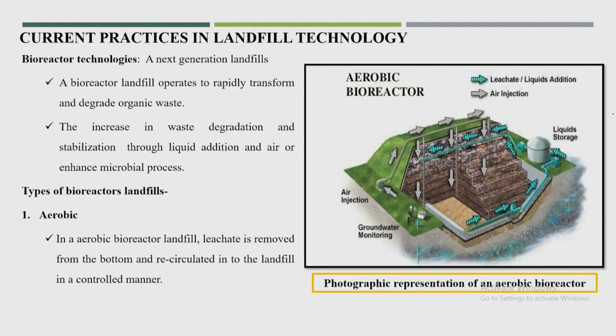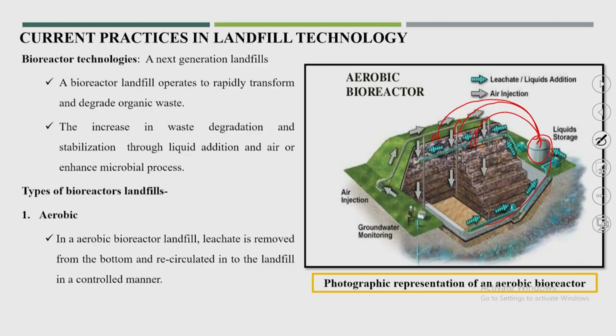Now, in this case, whatever leachate is collected is stored, and because the idea is that the entire waste material, whatever the organic matter, should get aerobically degraded, and aerobic degradation requires moisture for the growth of microorganisms, you recirculate it into the biomass, and also inject air to maintain the aerobic condition.